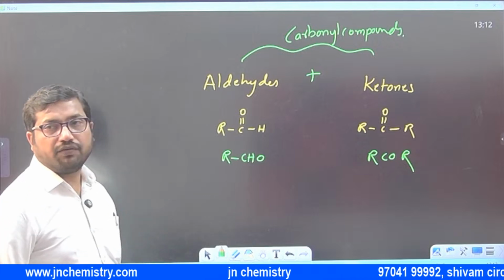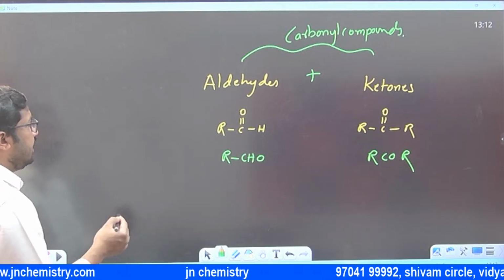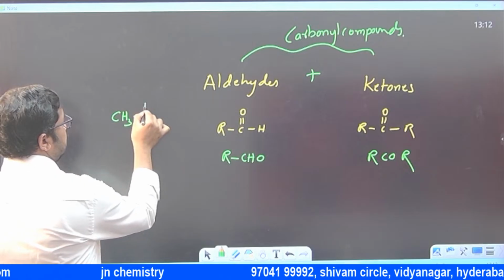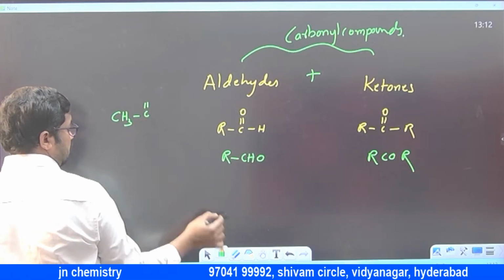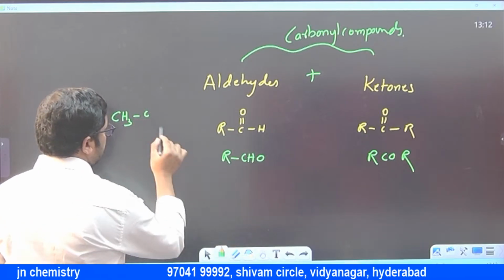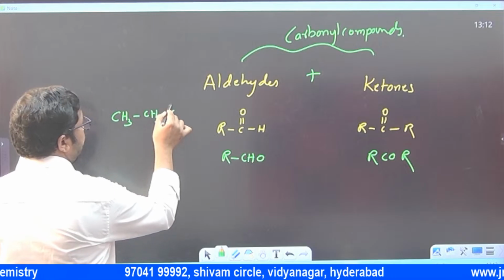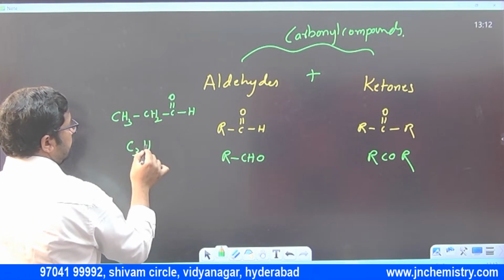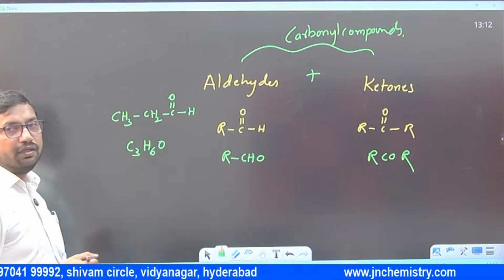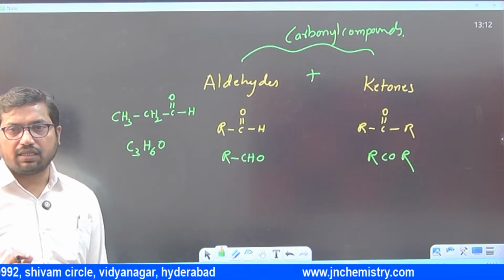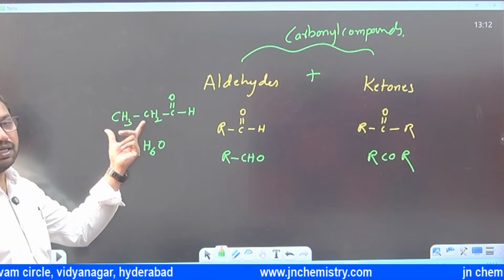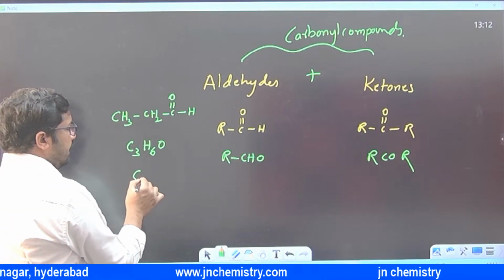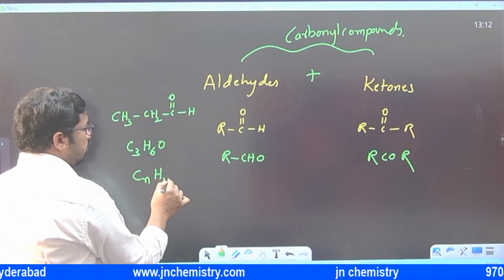And general formula. What is the general formula for aldehydes and ketones? General formula, tell me. So whenever they are asking the general formula, write one smallest compound, either write 2 member or 3 member, from this CnH2nO.